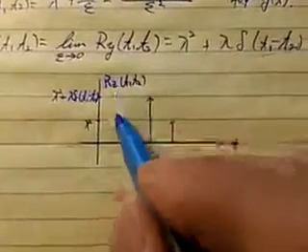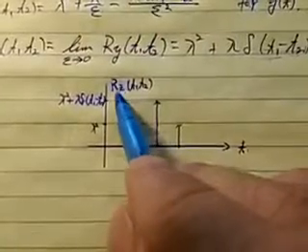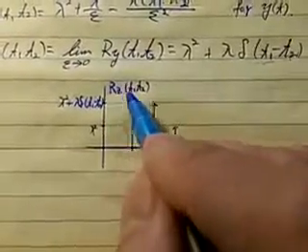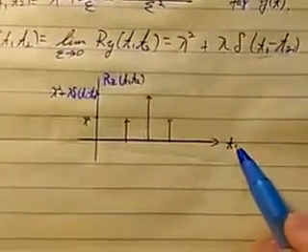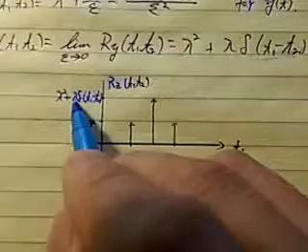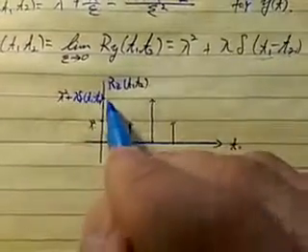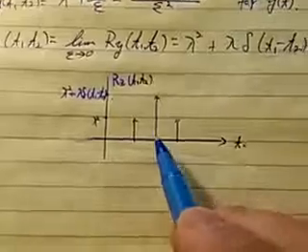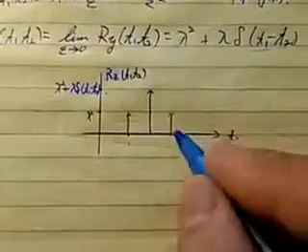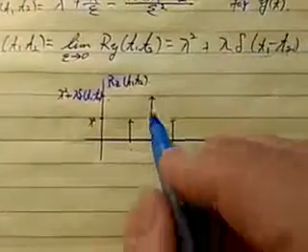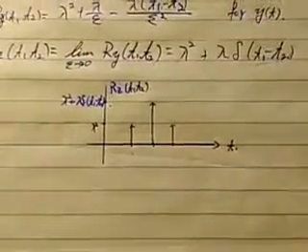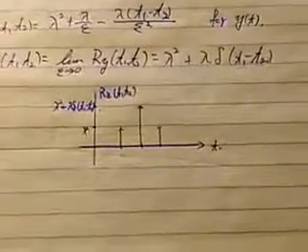The autocorrelation R z of t1, t2 in the t domain has a lambda squared plus lambda delta of t1 minus t2. When the overlapping happens, this area is equal to 1. So when the overlap happens, this impulse will become this. That's my explanation. Thank you.